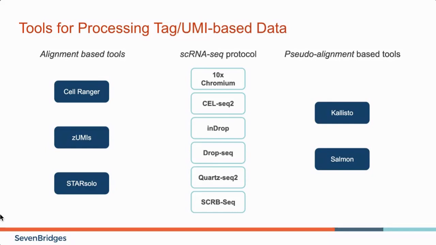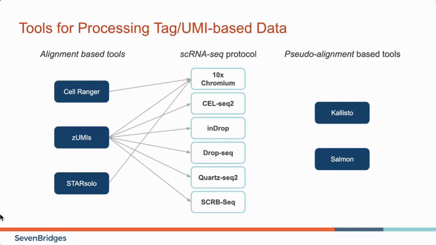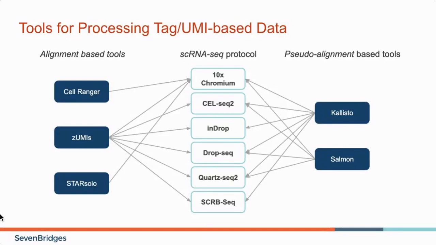Tools are connected to the protocols they support with lines, and all of the tools support the 10x Chromium protocol, and some of the tools such as Zoomis, StarSolo, and Salmon have the option to arbitrarily set the start and end positions of barcode and UMI sequences in the second read, thus enabling them to process data produced with practically every single-cell UMI protocol. Next slide, please.